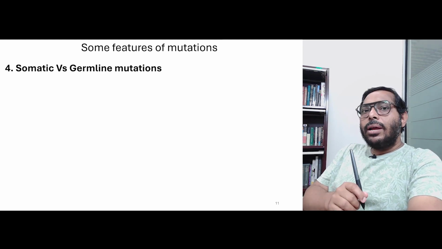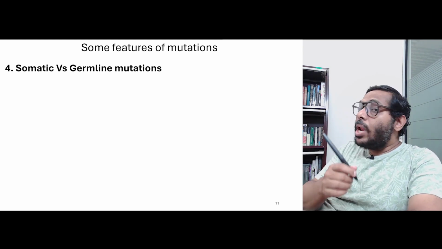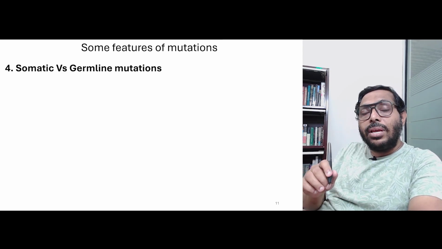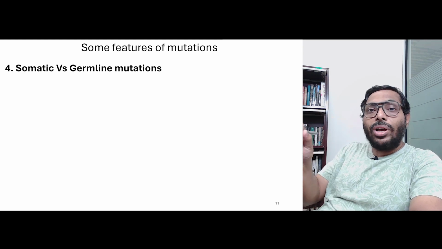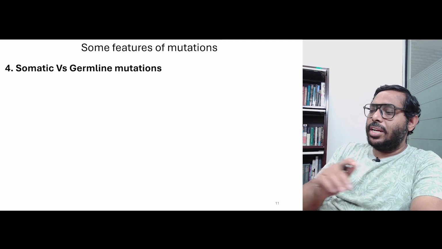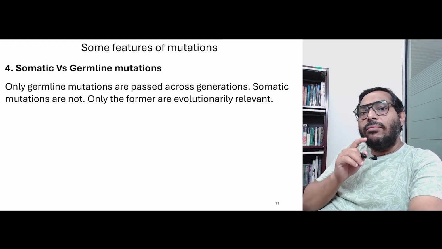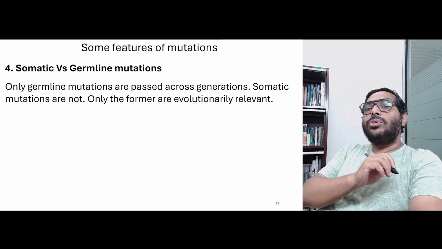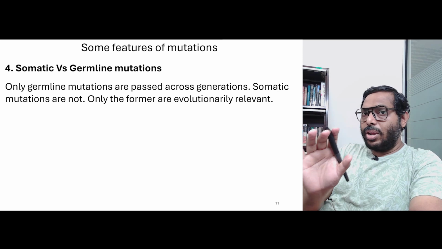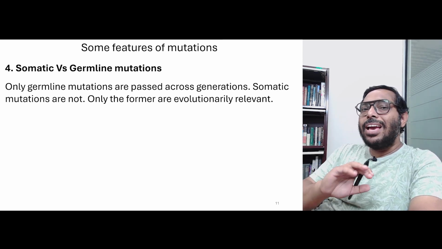But in terms of its effect on my kids, it will not have any effect, because only the mutations happening in my sperm cells, or somebody else's ova cells, are the ones going to be passed on to the next generation, which is why only germline mutations are evolutionarily relevant. All somatic mutations are evolutionarily non-relevant, with a caveat. Please appreciate that we are talking in terms of what is being inherited.